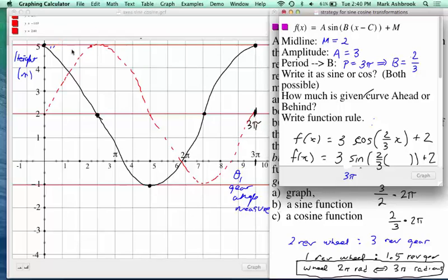Here, you can see that it's ahead. If we start with this max right here of ours, our graph is coming ahead. How far is that? 3 pi over 4, right? It's starting 3 pi over 4 ahead of our graph.